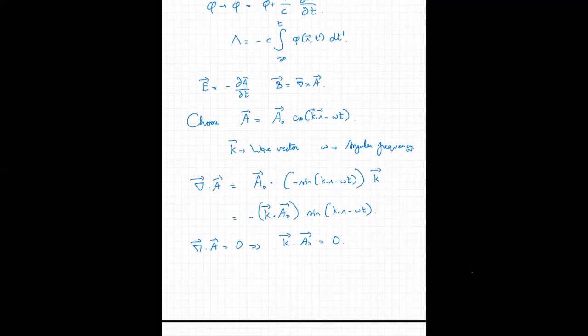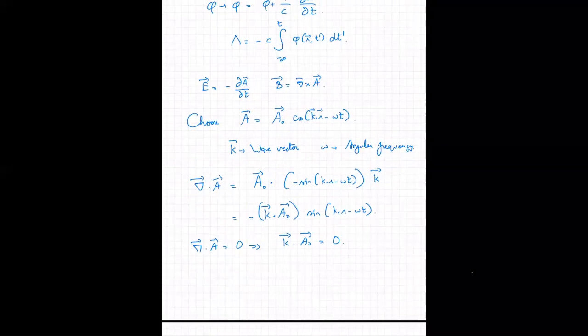Which means that k dot A0 equal to 0 simply means that the vector k and the E vector are perpendicular. K is the direction of propagation of the wave, which means that the electric field is perpendicular to the direction of propagation of the wave.